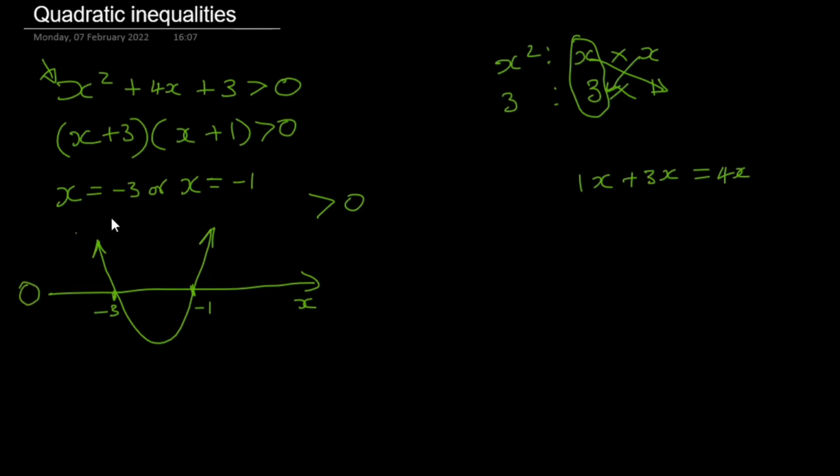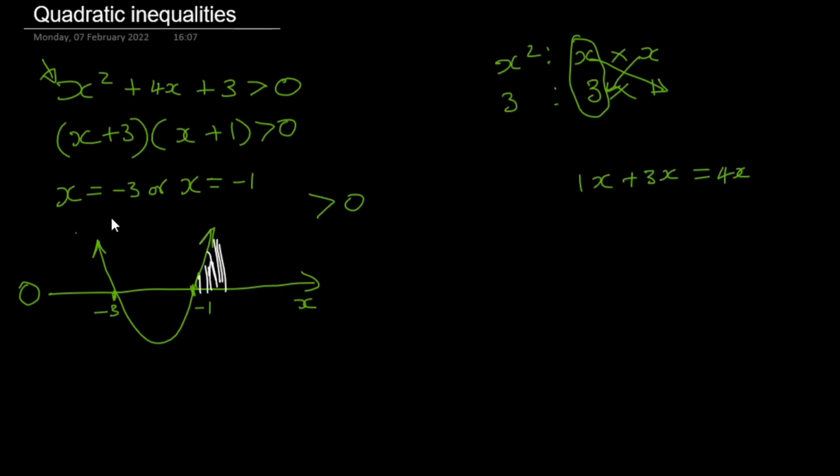So above the x-axis, that's where you are going to find your solution. Someone might ask, where exactly? It has to be between the line of your graph, your smiley, and your x-axis. Since it says above the x-axis, greater than 0, I am going to highlight that for you. So that means it's that part.